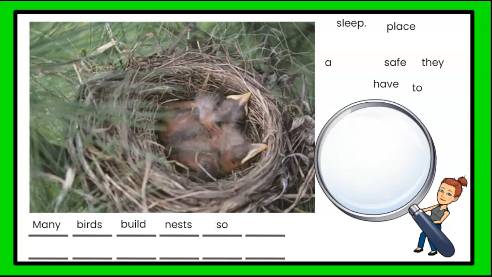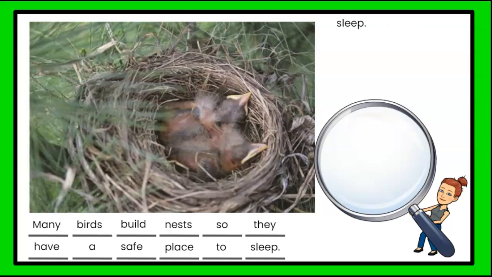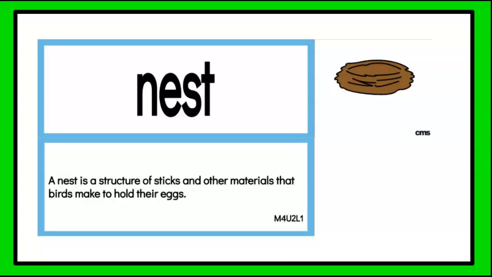That's right. So, they have, what do they have? A safe place to sleep. And we know sleep is the last part because there's a period at the end. Nest.